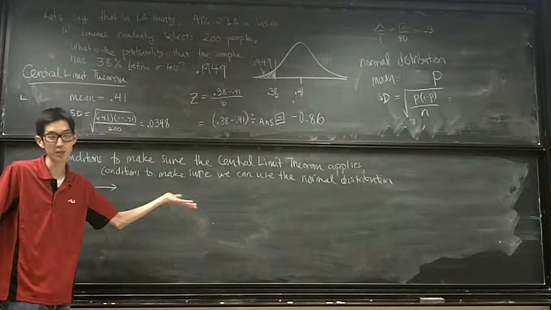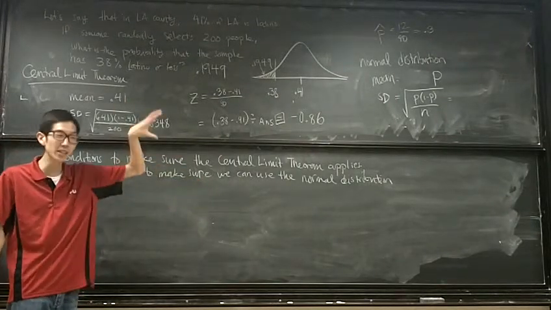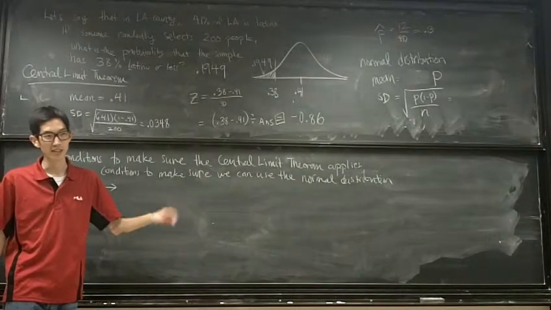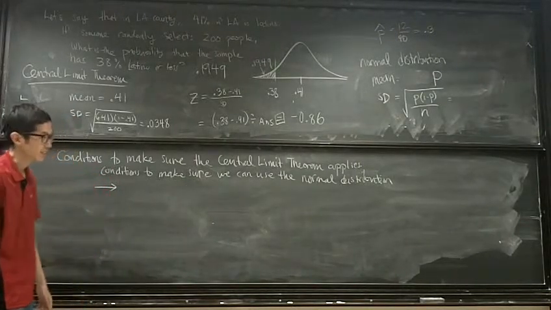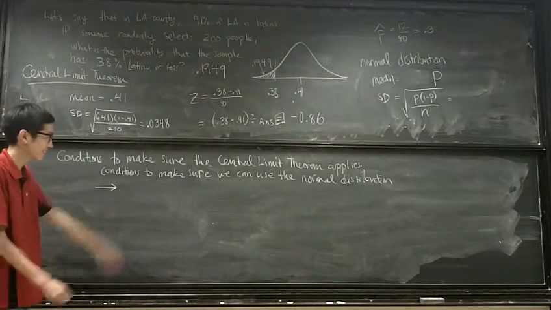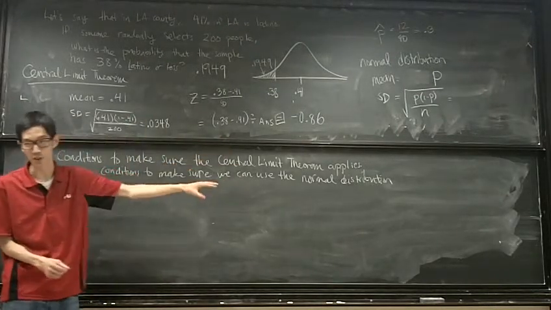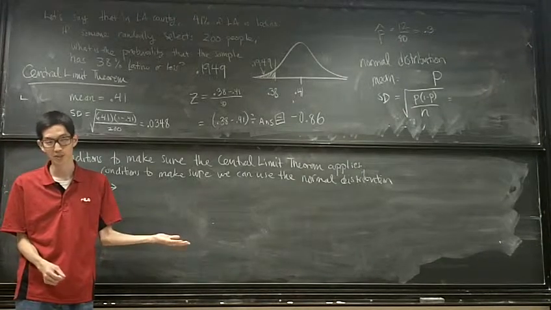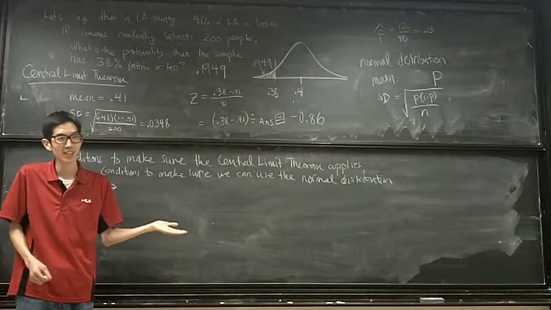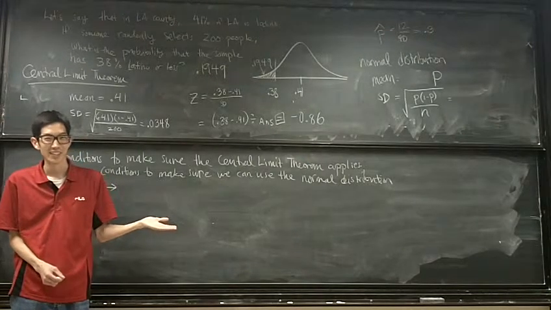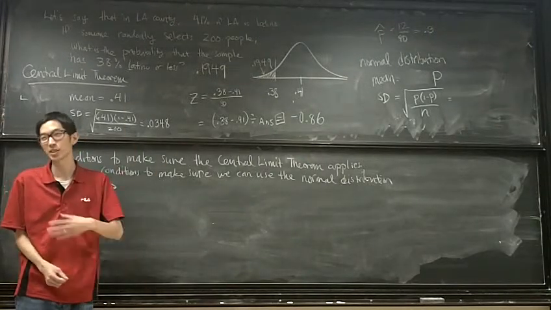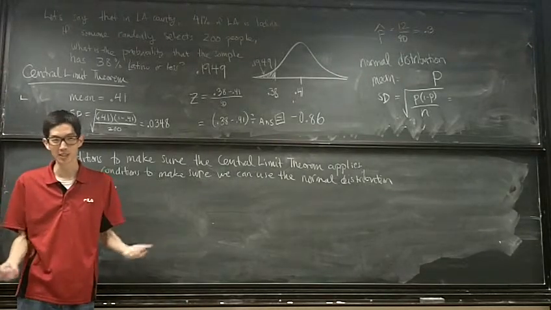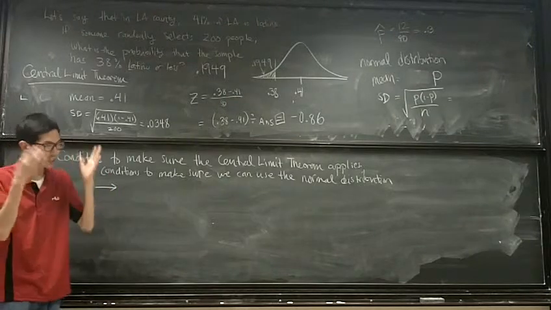Otherwise, I'd just say it's the normal distribution. It's the idea that you can use the normal distribution for a sampling distribution. And what's a sampling distribution? It's the distribution of all possible p-hats from all the samples that we're taking. It's a weird concept.